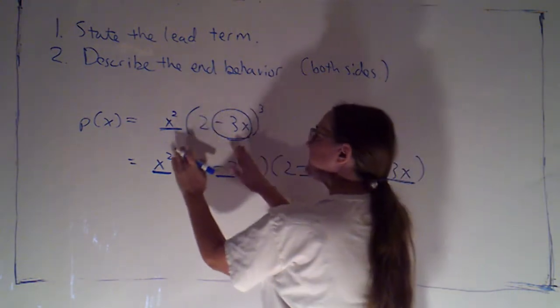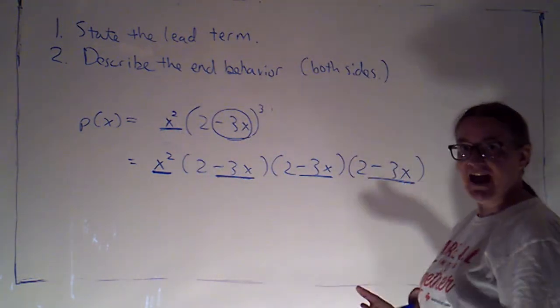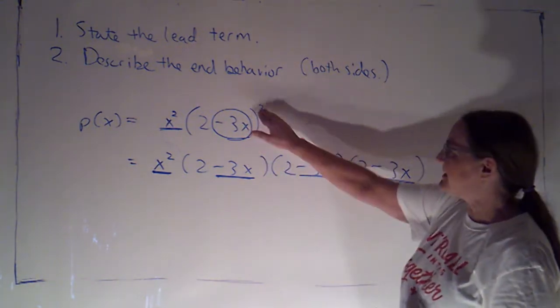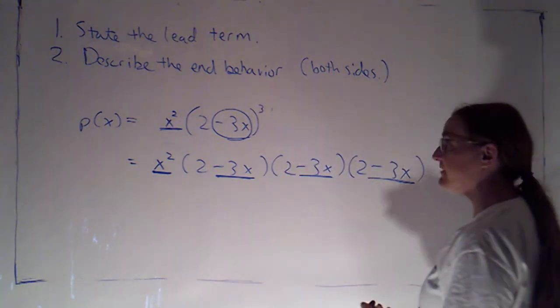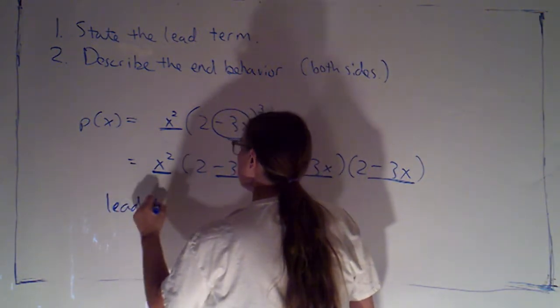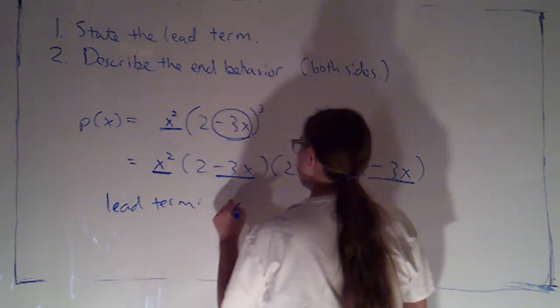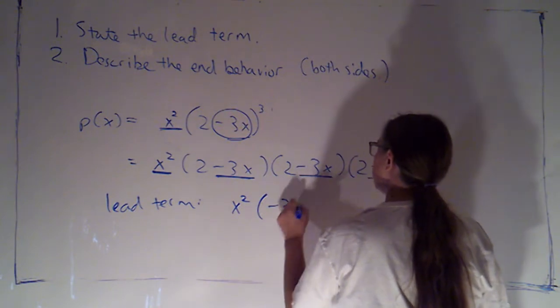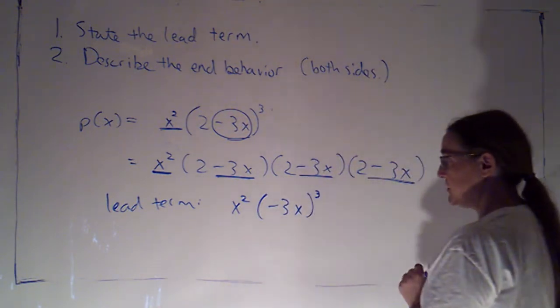So if I take the lead term in each factor and raise it to the appropriate power, that's going to give me the lead term of my polynomial. So my lead term is going to be x squared times (negative 3x) cubed.